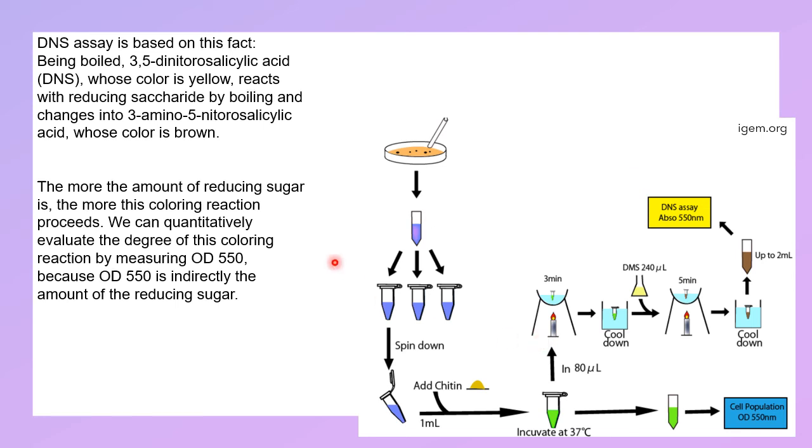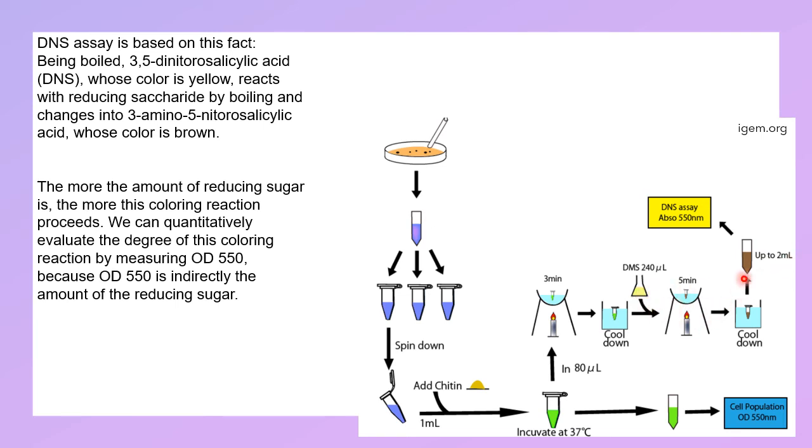The DNS assay is based on the fact that 3,5-dinitrosalicylic acid, that is DNS, whose color is yellow, reacts with the reducing saccharide on boiling, and changes to brown color. You can see here the DNS reagent is yellow in color, and it got converted to brown. It should be DNS here, not DMS.